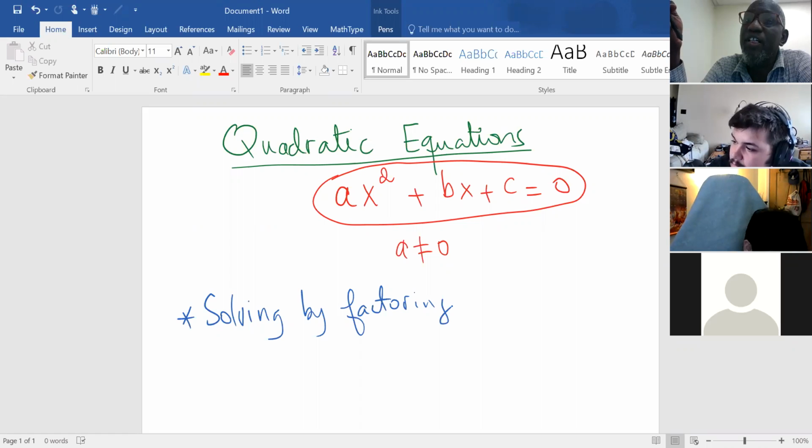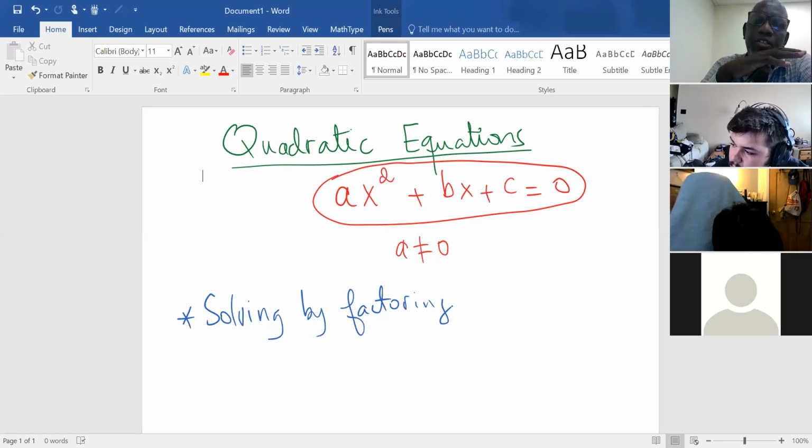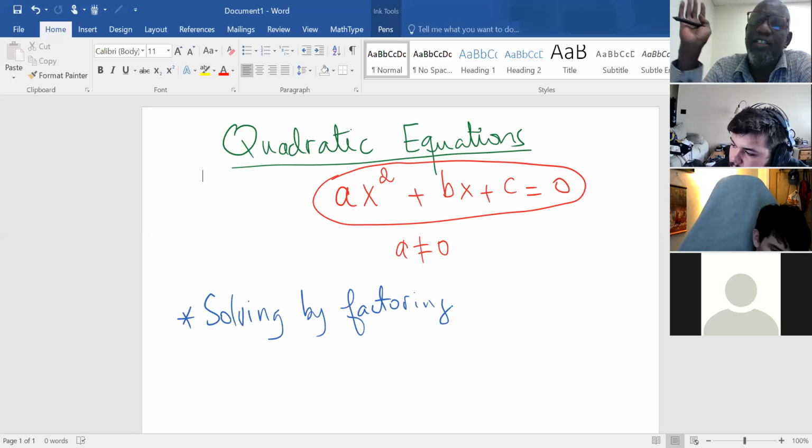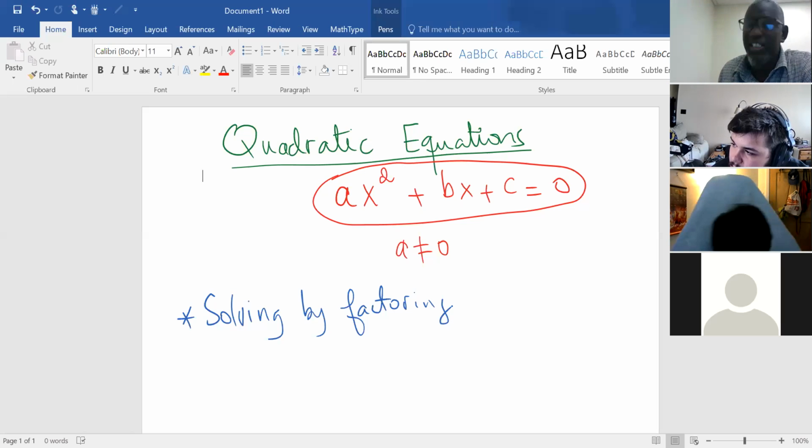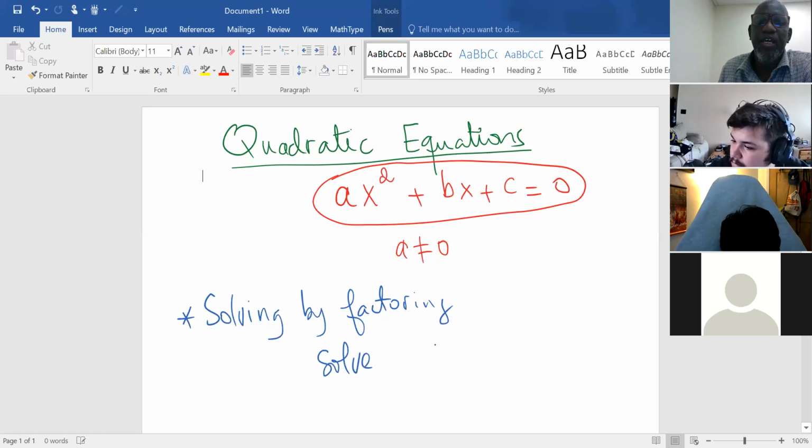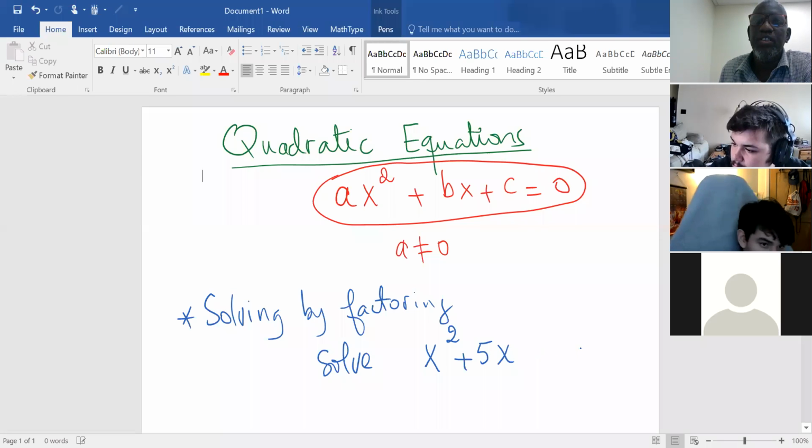It is an opportunistic method. It isn't a method that you can utilize every single time. For instance, say we solve x squared plus 5x equals 6.